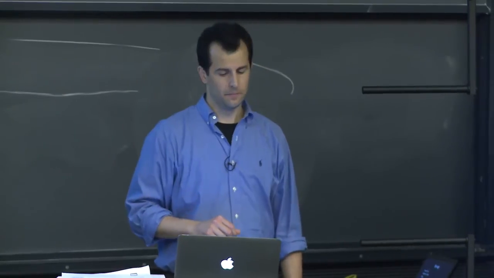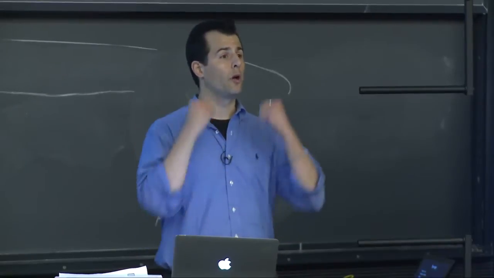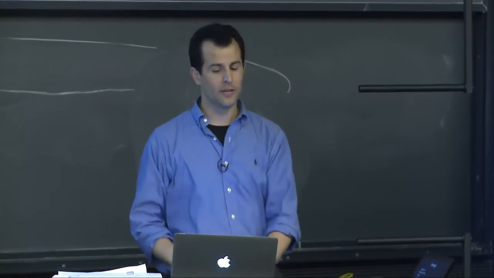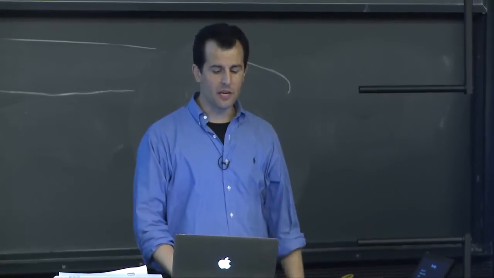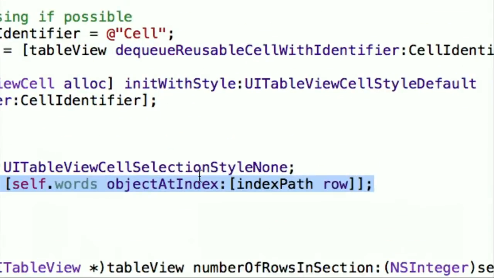So UI table view is giving you rows, and you have to create cells. Correct. It's asking me, what do you want here? What do you want here? What do you want here? And I have to hand it back the rectangular cell, effectively. Exactly. And then I'm setting the cell's text label text equal to whatever is returned from the object at index row.